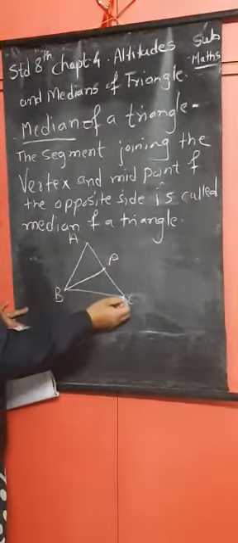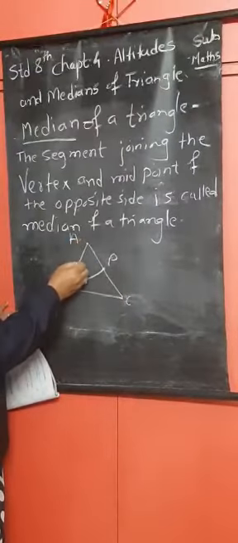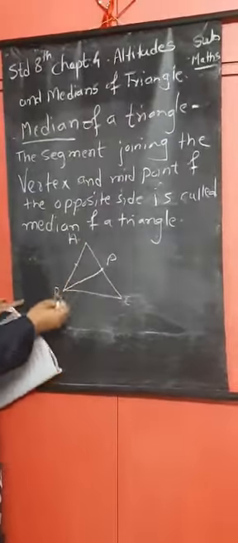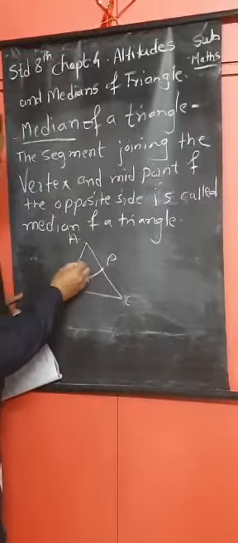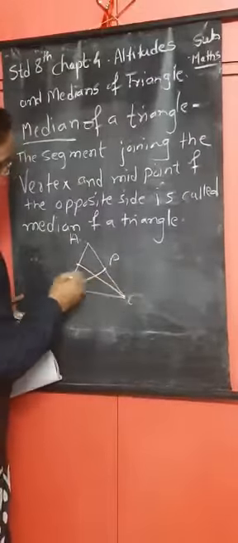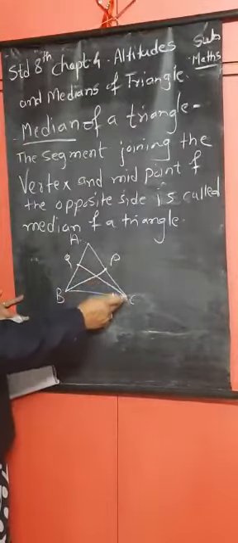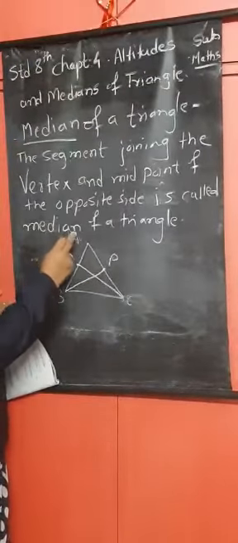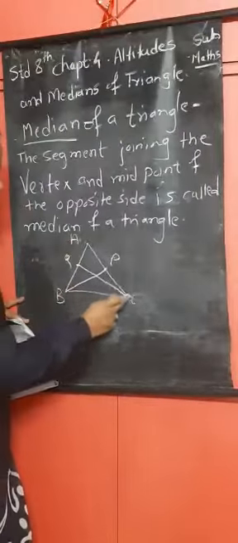Suppose for vertex C the opposite side is AB, and Q is the midpoint of side AB. Then QC is the median of this triangle. Then vertex A, opposite side BC.